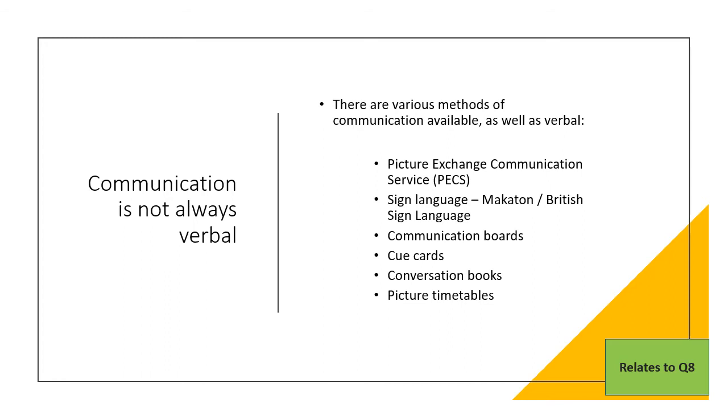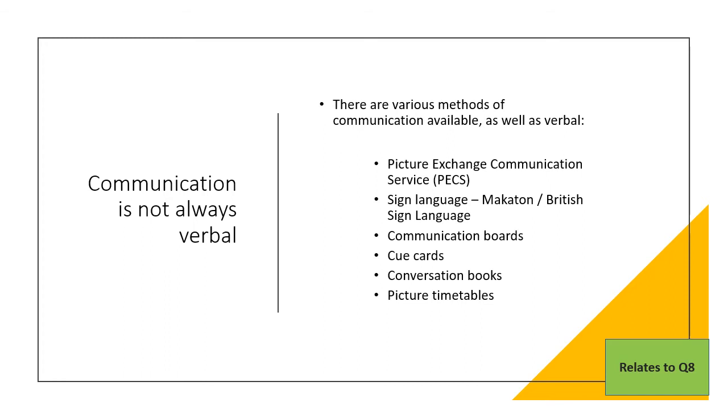So there are various methods of communication available. So, for example, Picture Exchange Communication Service, which you'll see in the brackets, is often called PECS. Sign language, Makaton and British Sign Language. We spoke about that earlier on in the session when we were talking about the scenario of speaking to somebody, if you were using Makaton and somebody might use British Sign Language.